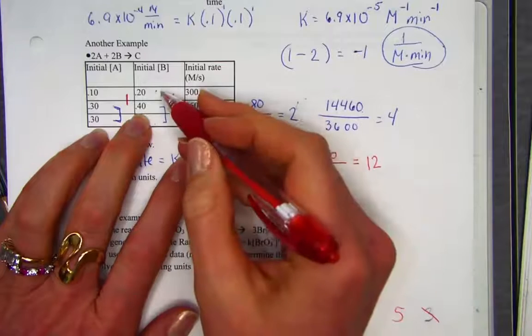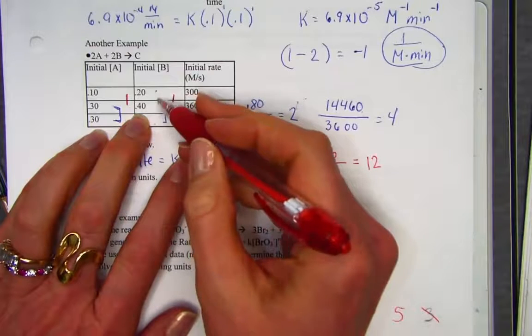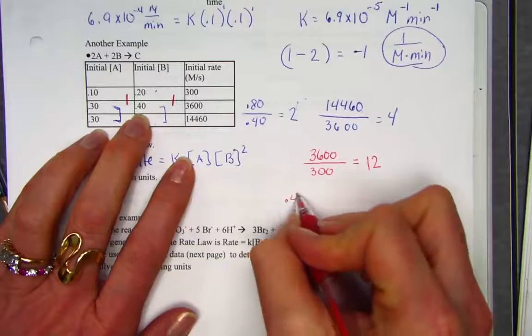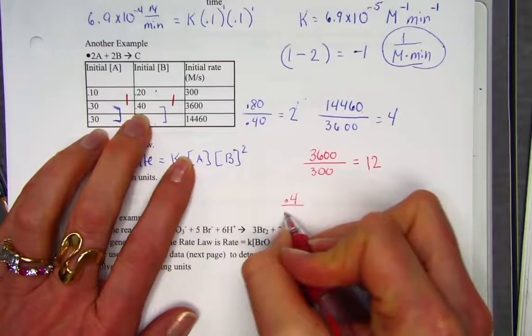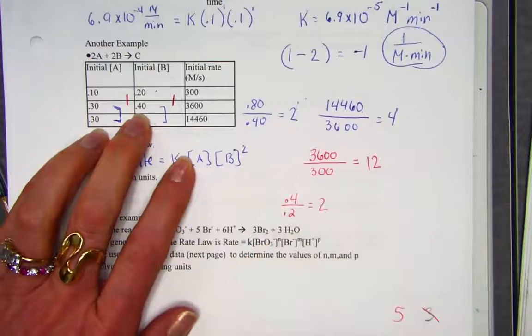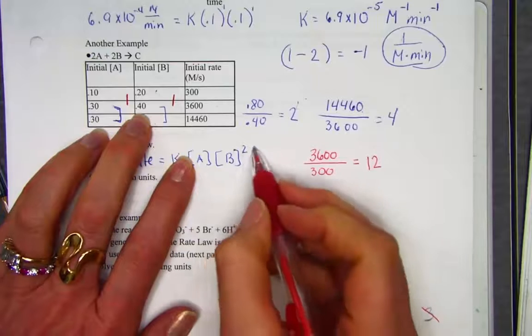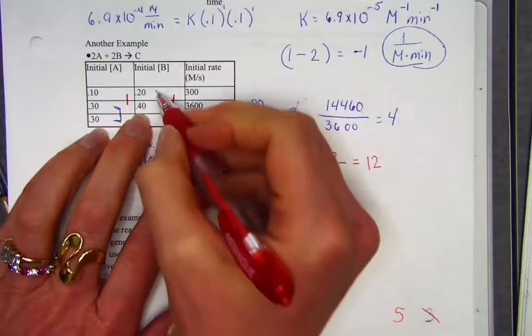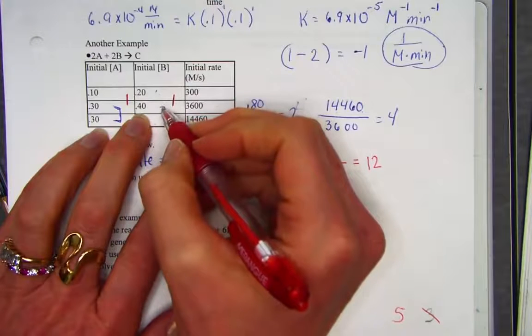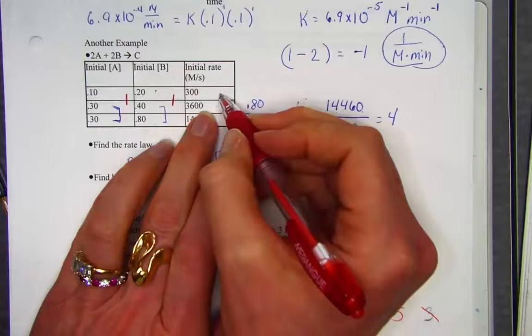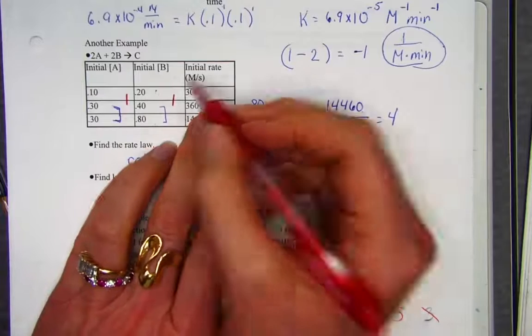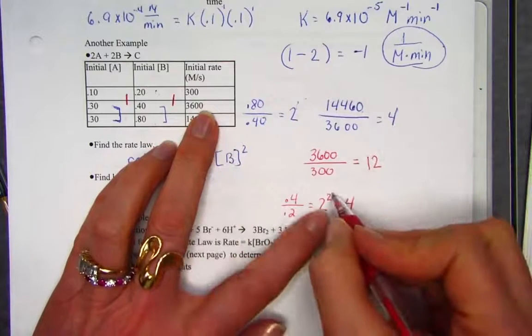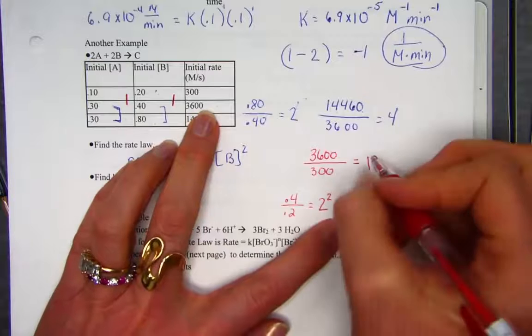Here's what I mean. When I look at trial 1 to trial 2, concentration of B is 0.4 to 0.2. It doubled. We know that this is second order, so just by doubling the concentration of B, the influence on the rate from that reactant is a second order power. It's 4.